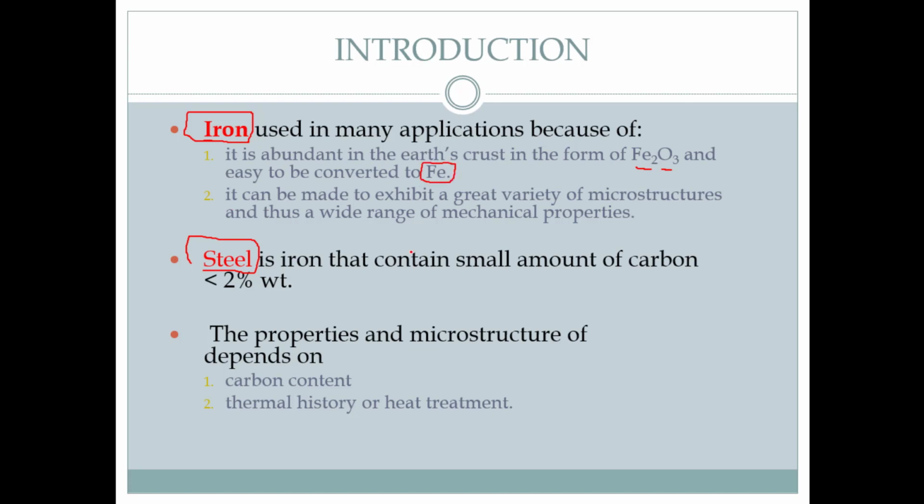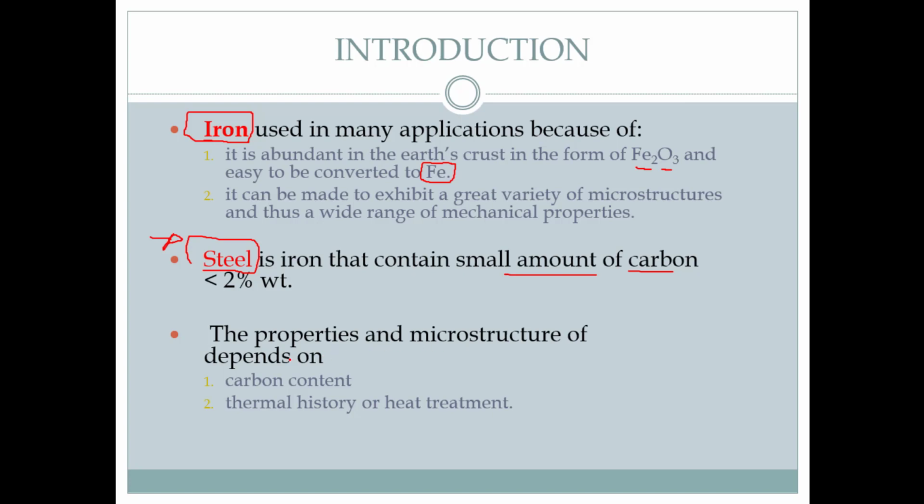So, okay, now when can we call iron steel? If it's mixed, so if iron contains a small amount of carbon, usually less than 2%, we can call it steel. Okay, so it is not pure iron, it is iron with a certain amount of carbon.